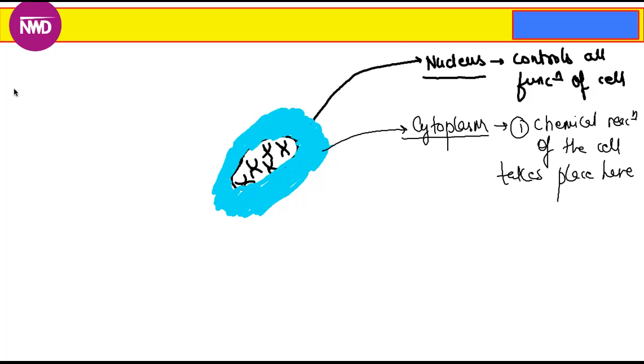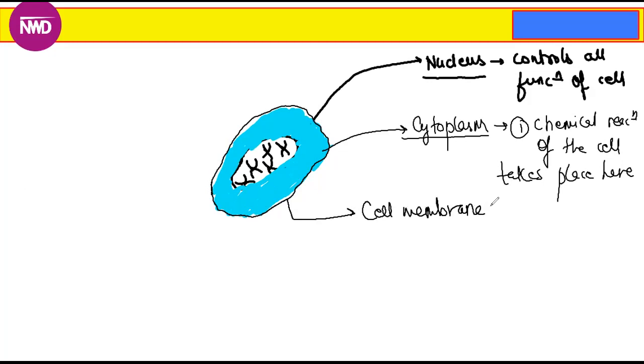Okay, and again we have seen one more thing: this jelly-like stuff is covered with a skin-like structure, which is maintaining the structure of the cell and controlling the in and out of the cell. So this portion is the cell membrane.